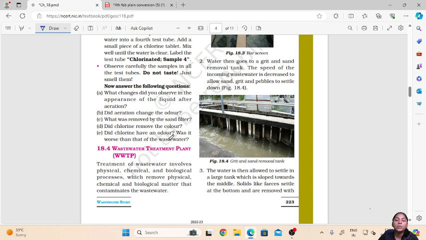Now these contaminants are physical, chemical and biological. So the wastewater treatment also involves physical, chemical and biological processes.